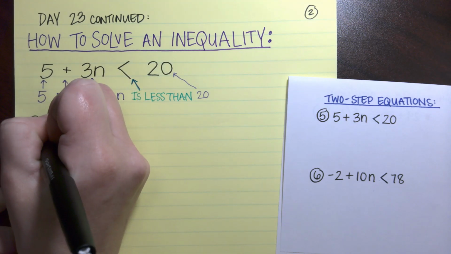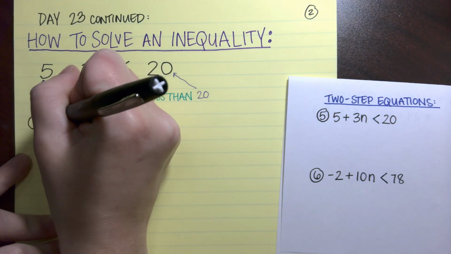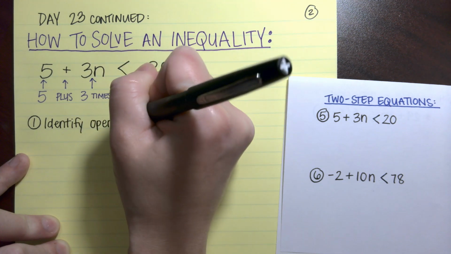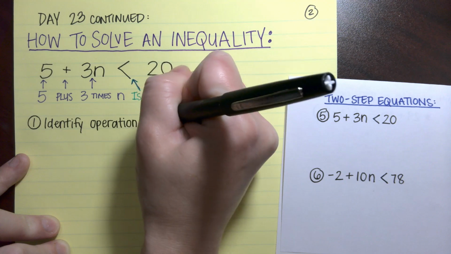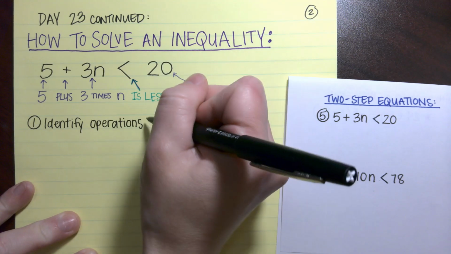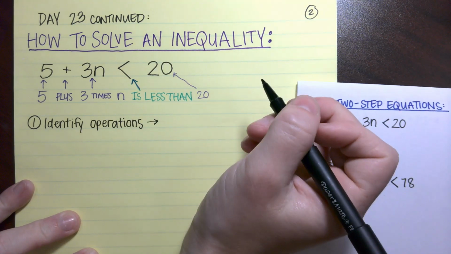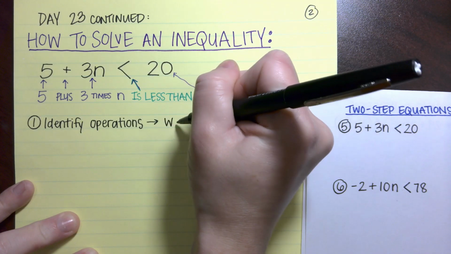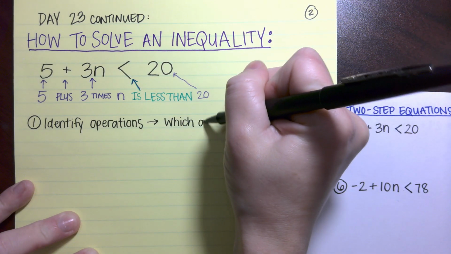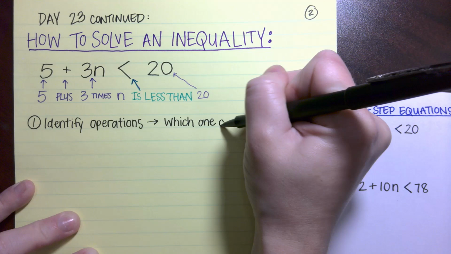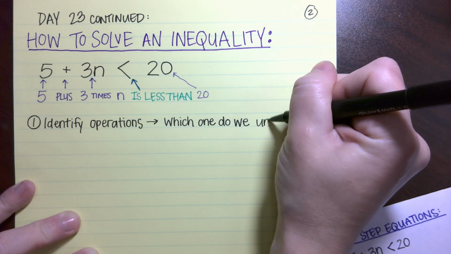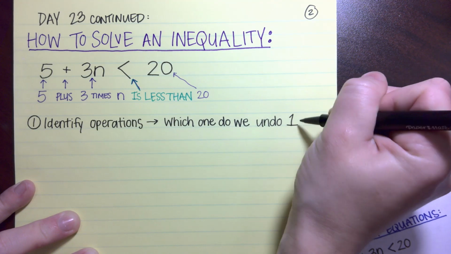So I'm going to say identify operations. I'll say which one do we undo first?